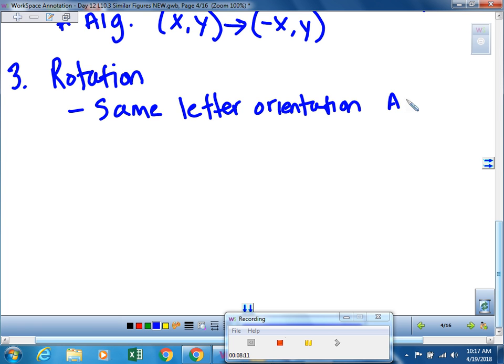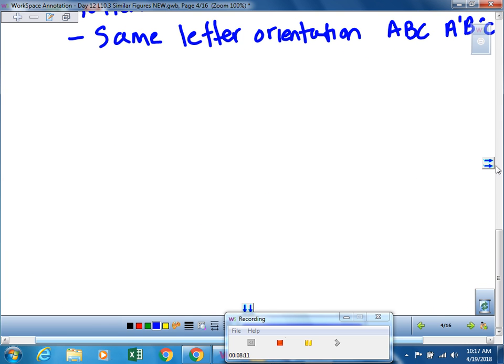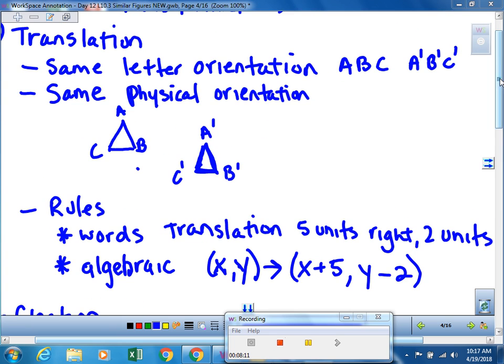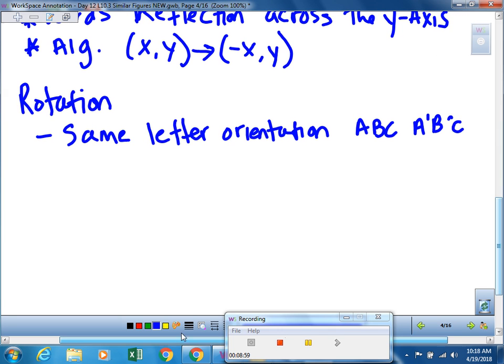So ABC is still A prime, B prime, C prime. And this has a different physical orientation.